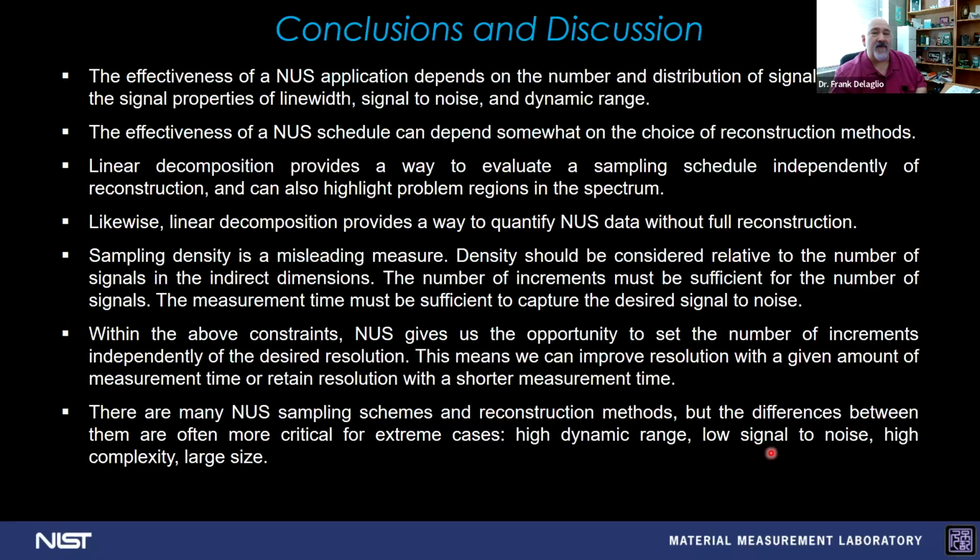And we've also shown that linear decomposition gives us an interesting way to extract information from non-uniformly sampled data without reconstructing the indirect dimensions. So those are the important details that I wanted to discuss.